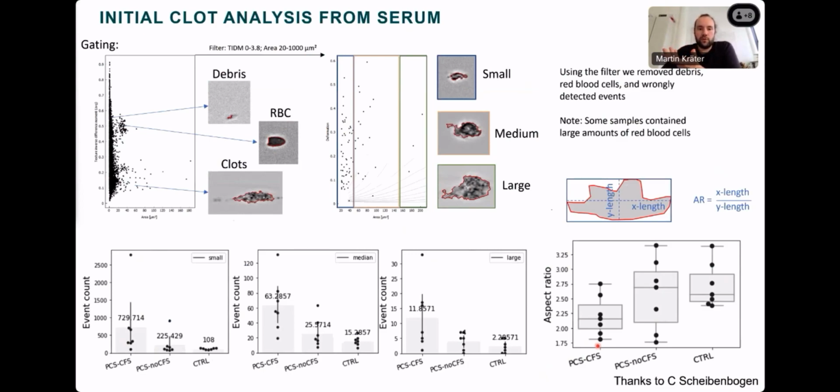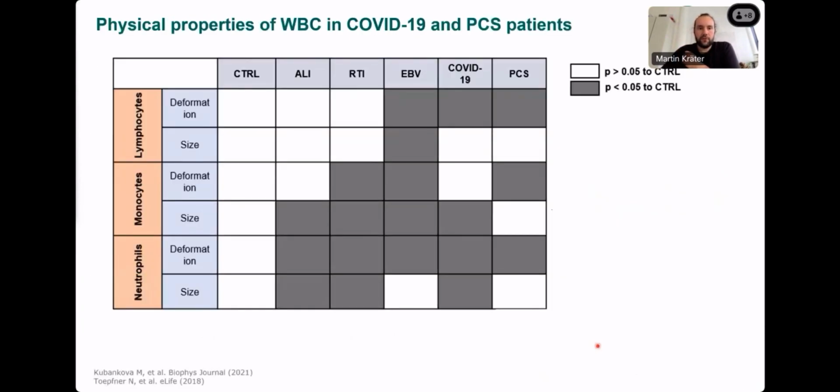In the end, what are we going to do with this information now? Well, first of all, we thought, is it actually useful for anything? And we checked other diseases. What you can see here are 5 different disease states, from acute lung injury over respiratory tract infection, Epstein-Barr virus infection, COVID-19, and post-COVID syndrome.